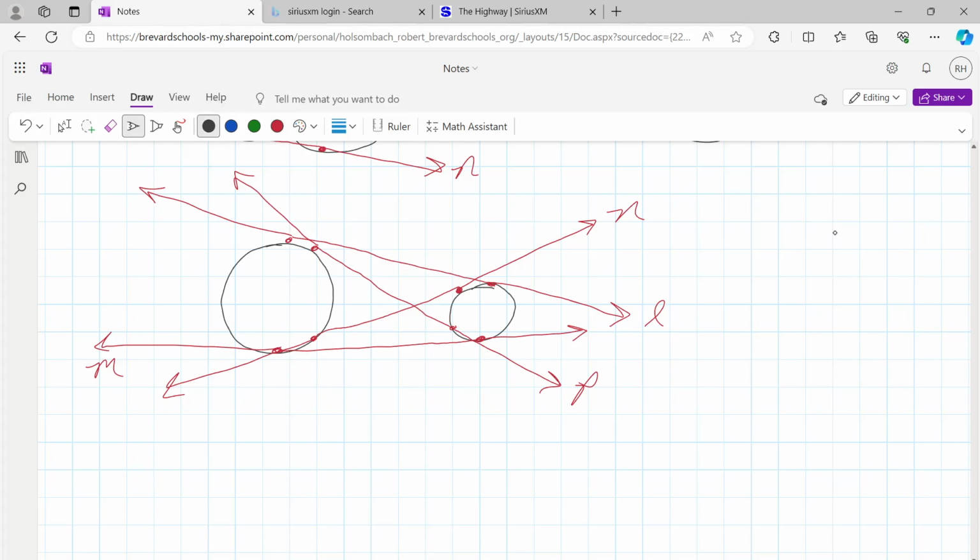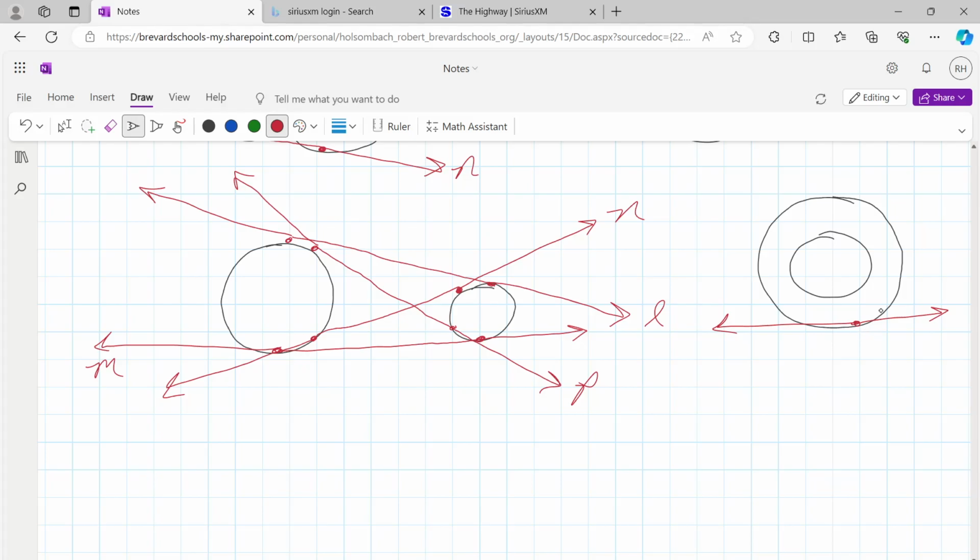Maybe an example. If you've got a circle and then it's got another circle inside of it, there's no way to draw a common tangent, is there? Because anywhere we were to draw a tangent on the big circle, since it can only hit the circle in one place, it's not going to hit the little circle inside, is it?